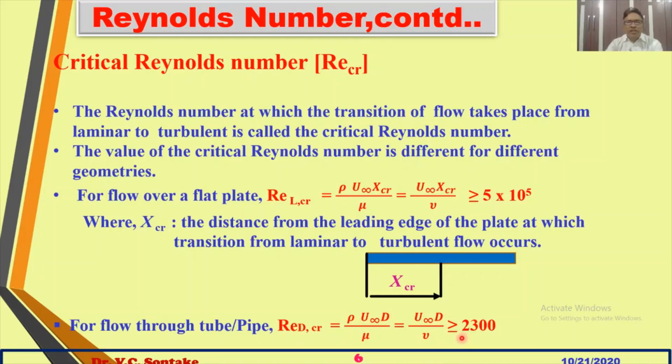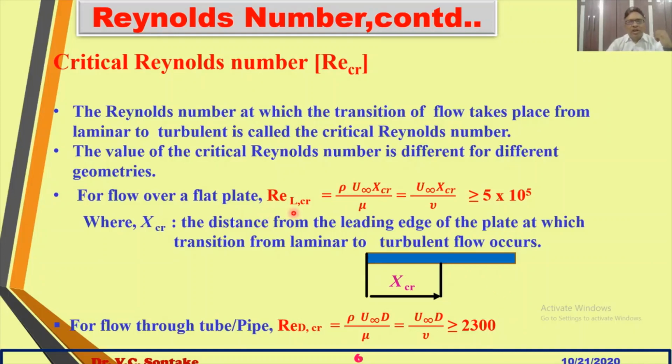So if a fluid is flowing through the pipe, it will remain laminar if the Reynolds number value is less than 2300 or equal to 2300. Beyond the value of 2300, flow will become turbulent in case of fluid flowing through the tube.